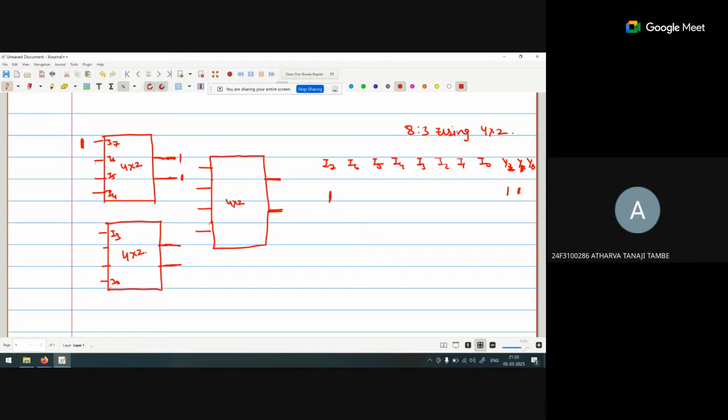Why did you take I7 as one? I just considered I7 as 1. Actually, this one is the LSB and this one is the MSB, for I4 to I7. When I4 is 1, we get 0 0. When I5 is 1, we get 0 1. If I6 is 1, we get 1 0. And if I7 is 1, we get 1 1. So when I7 is 1, these two are 1.